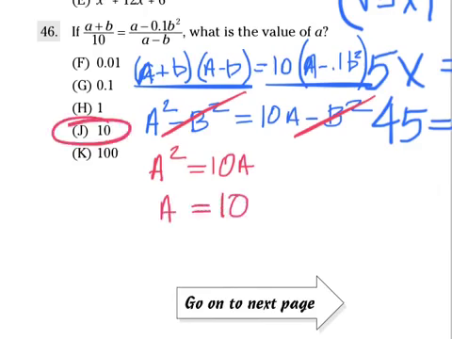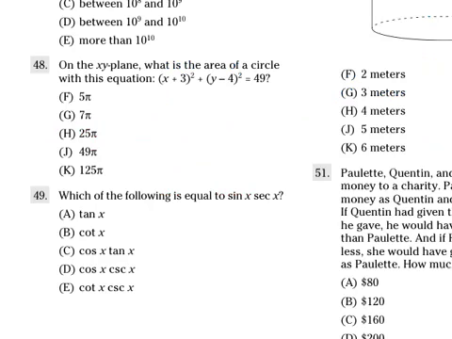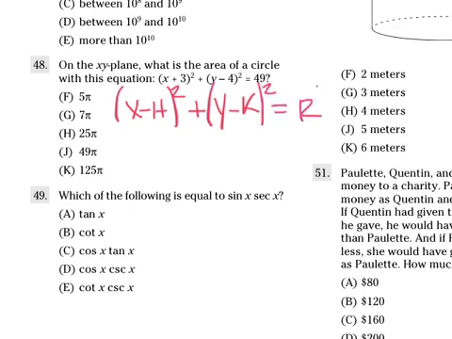J. See, for 48 on the xy plane, what is the area of a circle with this equation? Well, you have to remember that the equation goes like this: x minus h, the quantity squared, plus y minus k, the quantity squared, set equal to r squared.